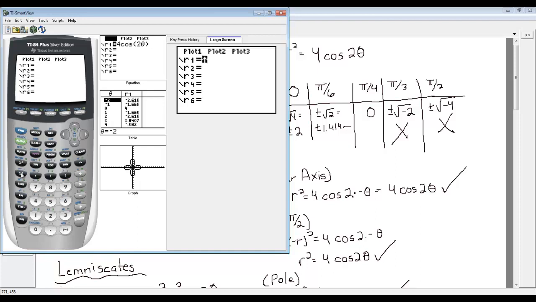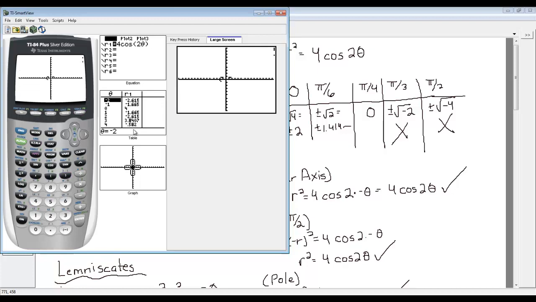We're going to say square root of 4 cosine 2 theta. And then we also have to do the negative square root of 4 cosine 2 theta. And then hit graph for that.